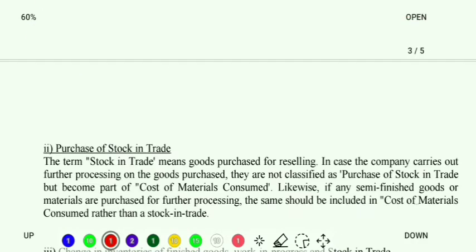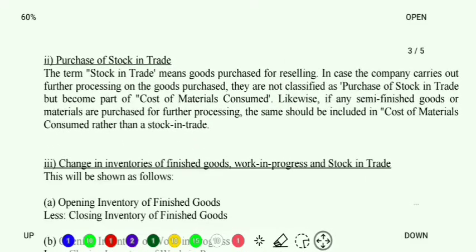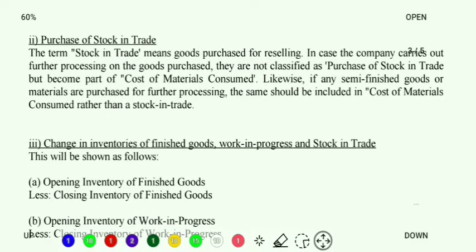So moving forward, we move to the second subheading, that is purchases of stock in trade. Under expenses, we have done the first heading, cost of materials consumed. Now the second subheading that we have is purchases of stock in trade. Now what is stock in trade? This I had already explained. If you can recall, under current assets, on the asset side of the balance sheet, we had a subheading named inventories.